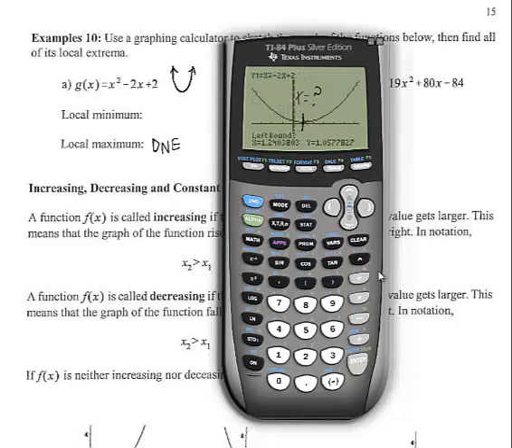I select minimum. Make sure you don't select maximum if you're looking for a minimum. I go to the left of the point that I'm interested in, and then I go to the right and I hit enter. I have to hit enter a third time, and now it reads out my coordinates.